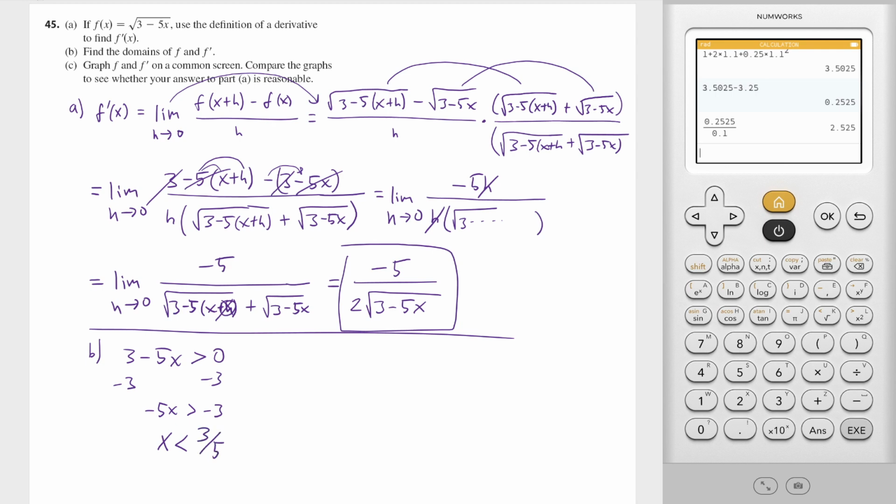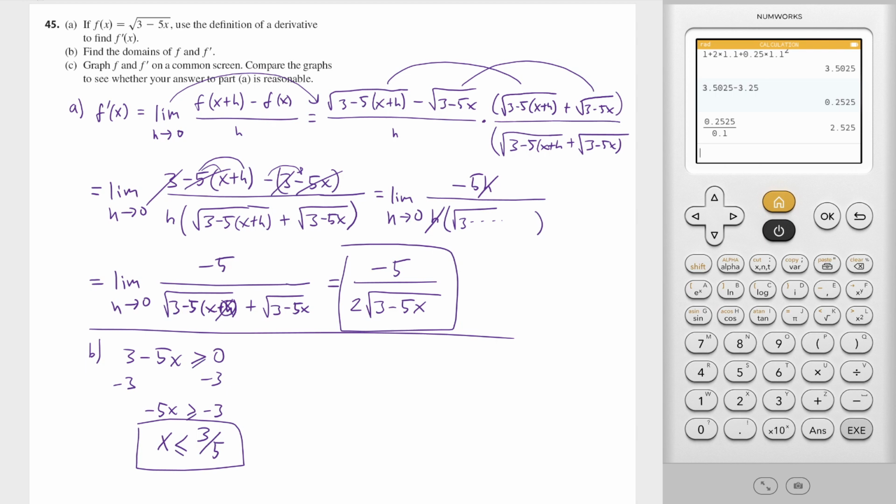Okay, so that's the domain. And it's actually the domain for both functions, the original function and the derivative. Well, not quite, I guess. Because in the original function, it could be greater than or equal to, because I can take the square root of 0.